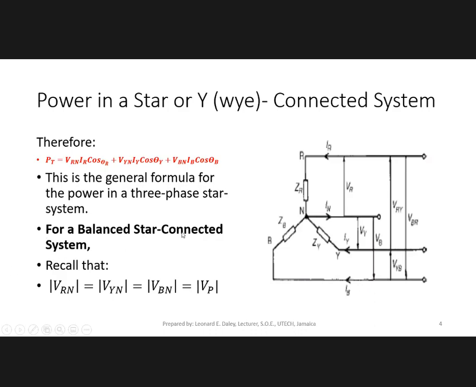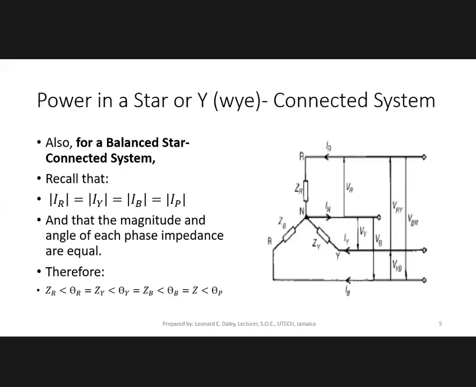All right, so for a balanced star connected system, remember that the magnitudes of the phase voltages are the same, right? So the magnitude of VR equals the magnitude of VY equals the magnitude of VB, and let's just call that V phase. So it's the magnitude of the phase voltage. All right, and we also, from last week, can remember that for a balanced star system, the magnitude of IR would be equal to the magnitude of IY equal to the magnitude of IB.